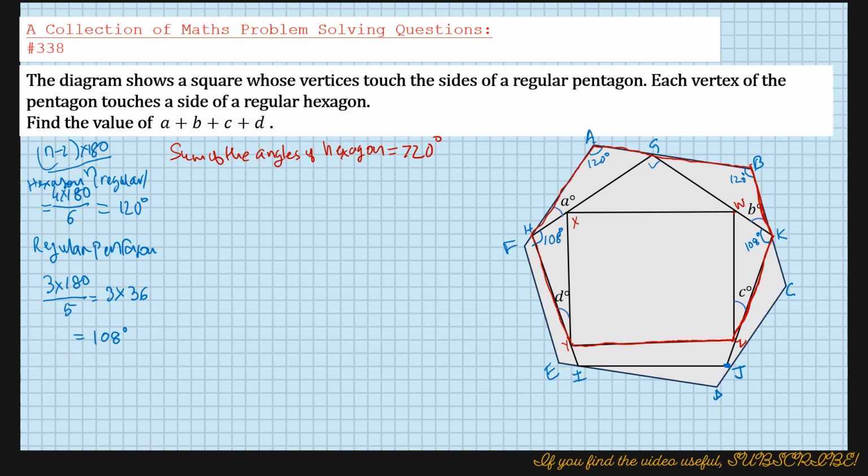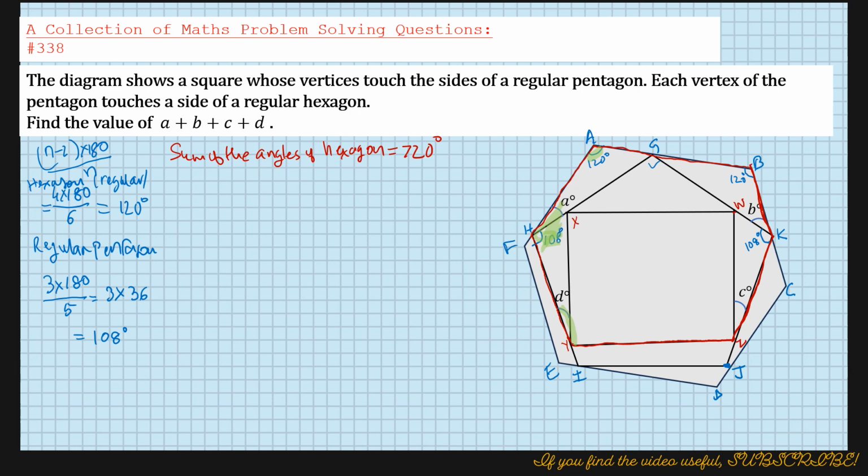So this angle is 108 plus A, and you see this angle Y, that would be 90 plus D, because XYZW is a square.